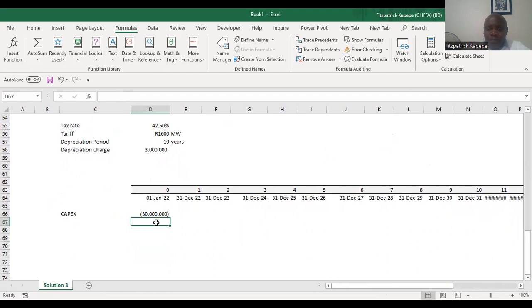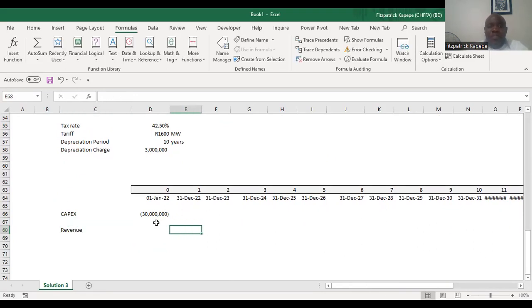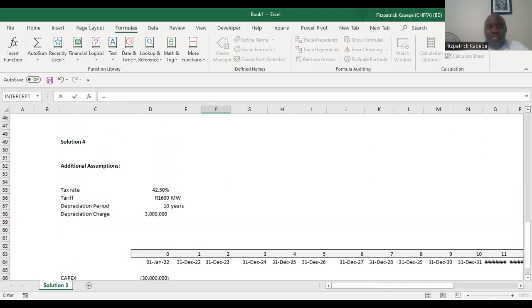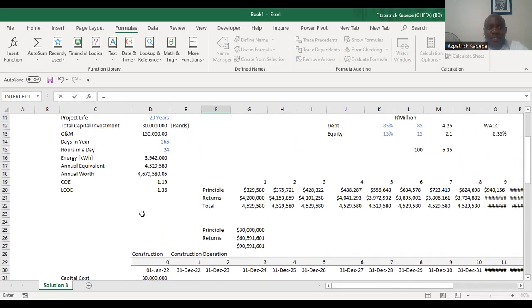But then we have been told in terms of the revenue, which is starting in year 2, and we have explained why it's starting in year 2, which is basically the quantities. So you have the energy there.